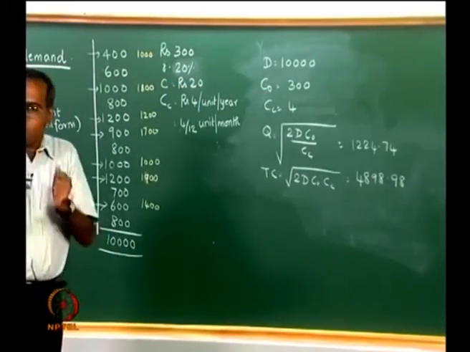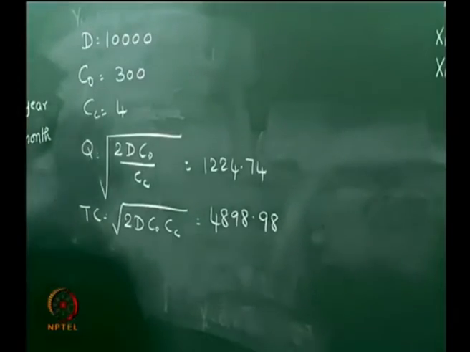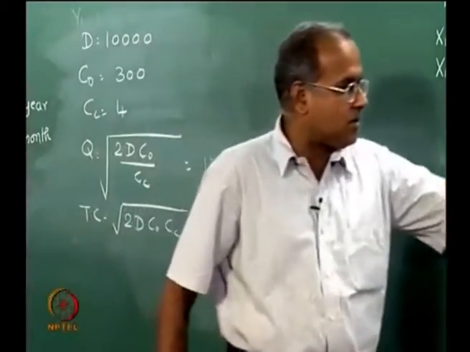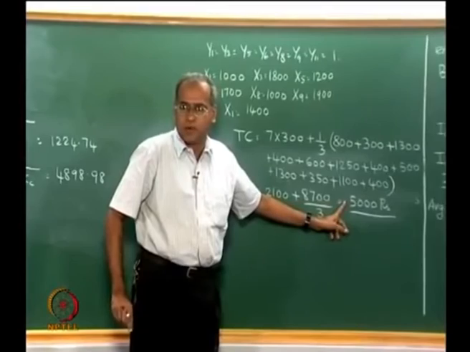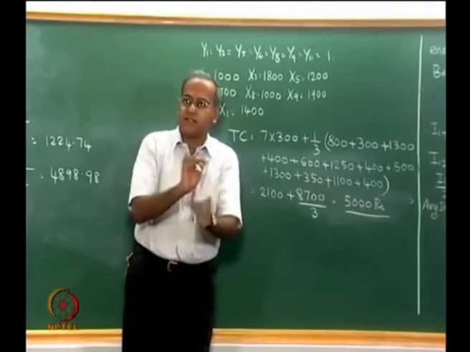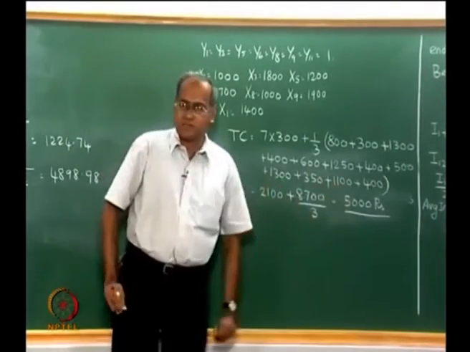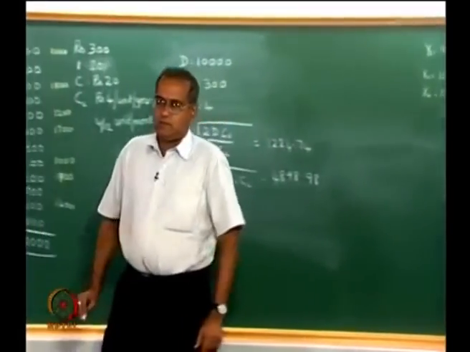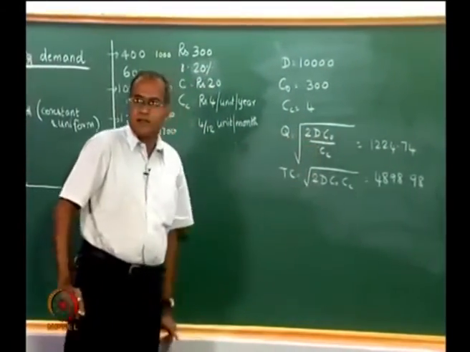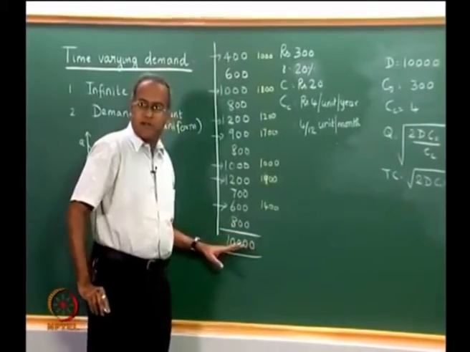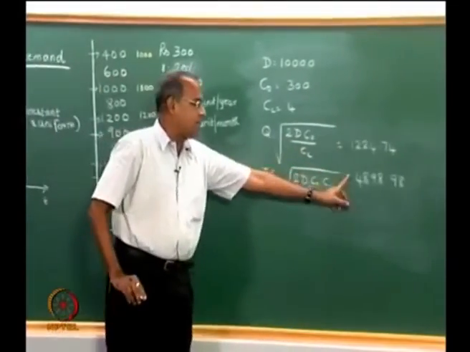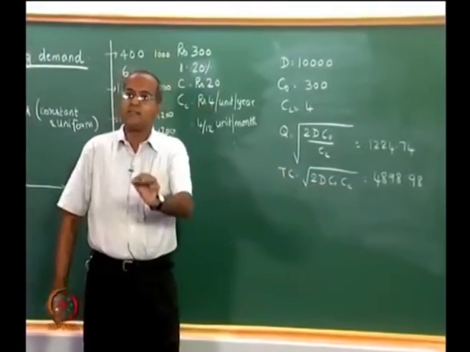Now we have to first understand this is an optimal solution to an integer programming problem under certain assumptions, which gives us 5000. The best value of the economic order quantity cost, assuming that this is an annual demand of 10,000, is 4898.98, and it is slightly less than that 5000.